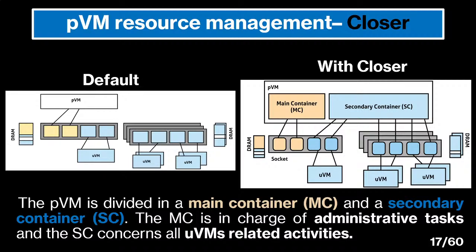The first entity, which we name the main container, is exclusively reserved for administrative tasks that have nothing to do with the activities of the virtual machines, and a secondary container is reserved for the operations of the privileged virtual machine that target the running virtual machines. The secondary container uses resources of the target virtual machines, and by doing so we charge the target virtual machine and benefit from locality.